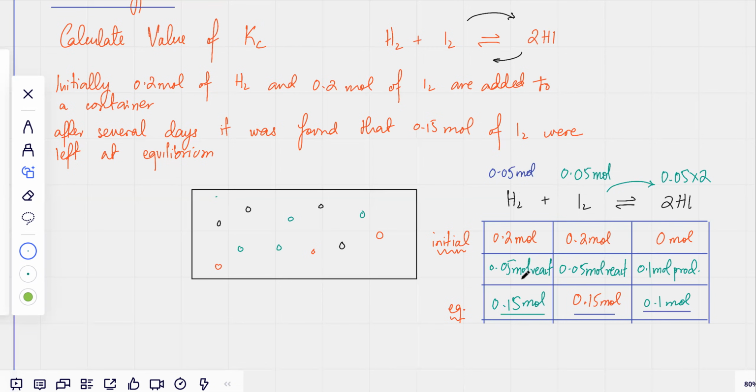We know that 0.05 moles of I2 are reacting, but that also means that 0.05 moles of H2 must have reacted as well, because I2 is not going to react alone. It needs H2 to react with it. So you started off with 0.2, 0.05 is gone, you're left with 0.15. TK, is this clear to everyone?